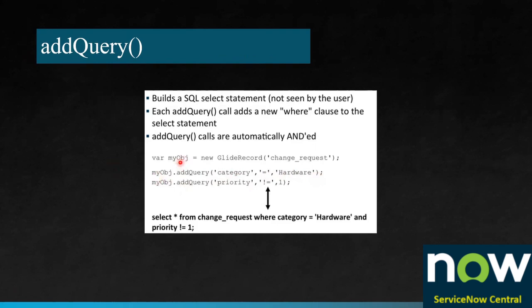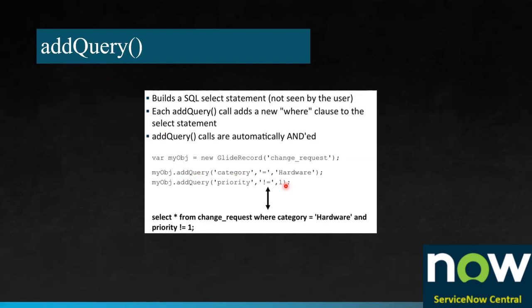So I write my obj, which I declared in the first line, dot addQuery. I am writing a condition where category equals hardware. I want all the records present in change request where category is equal to hardware. Again I write obj dot addQuery: priority is not equal to 1.